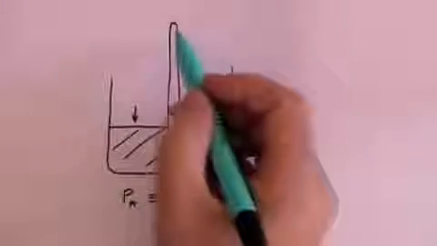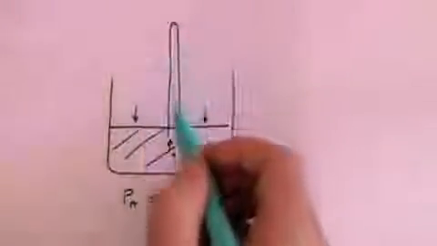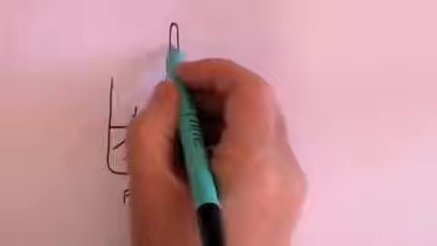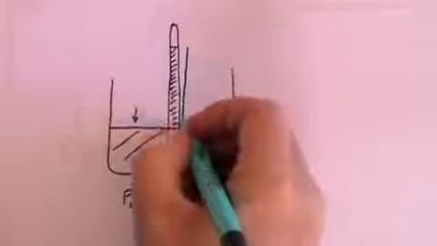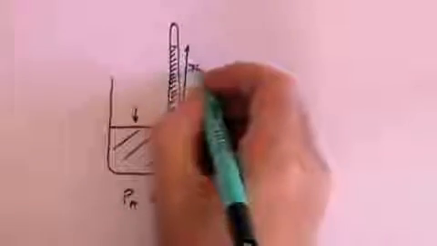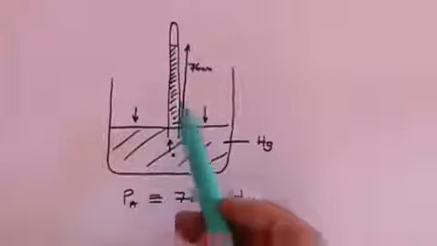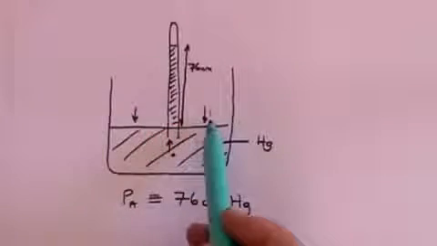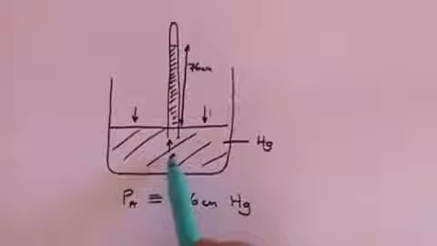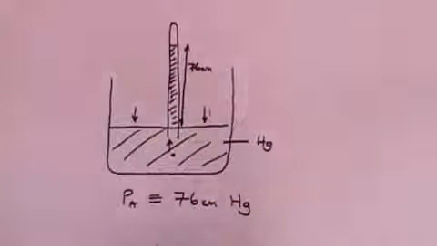And so what you find is that the full tube, let's say this is 1 meter high, the mercury will run out until it is 76 centimetres from the surface. And it will then stay there. And that 76 centimetres of mercury is being supported by the atmospheric pressure that's bearing down on the surface and being transmitted through the liquid and is supporting this 76 centimetres of fluid.